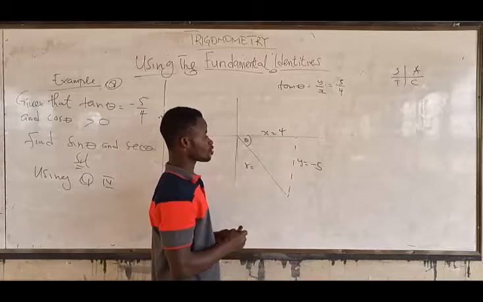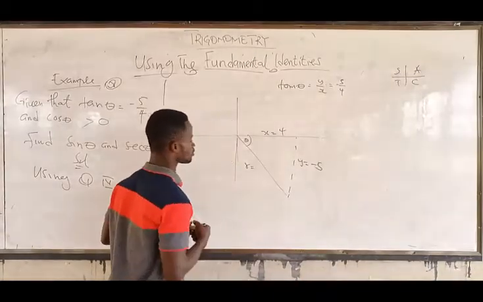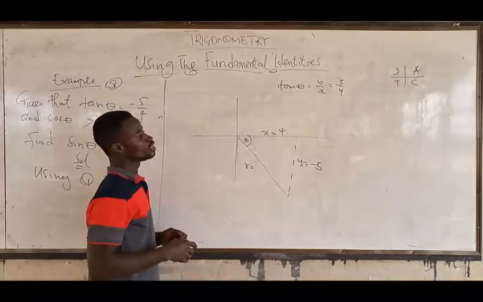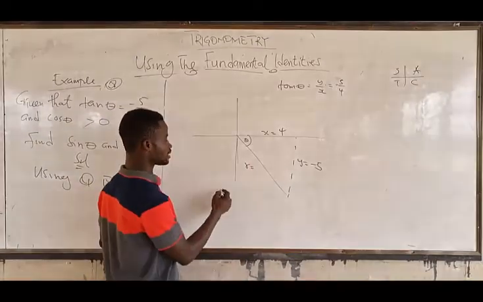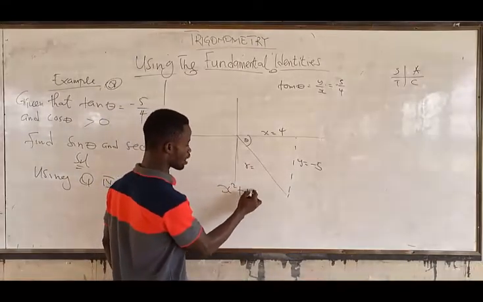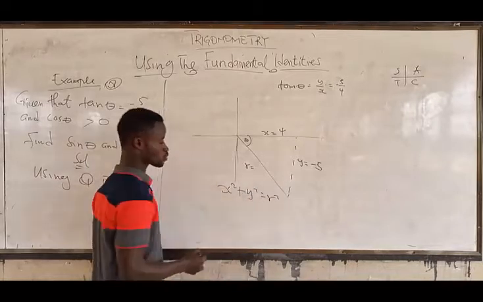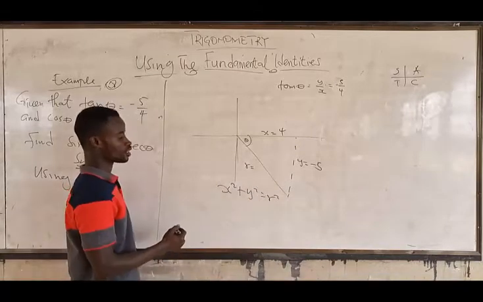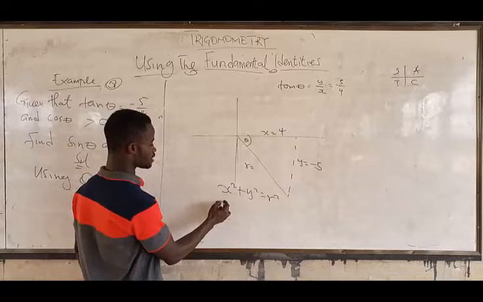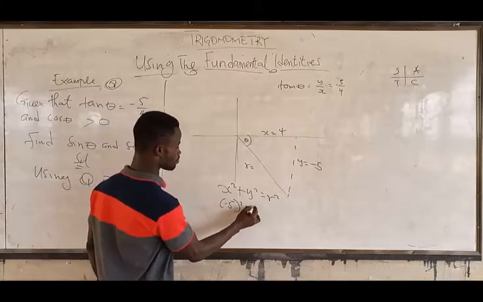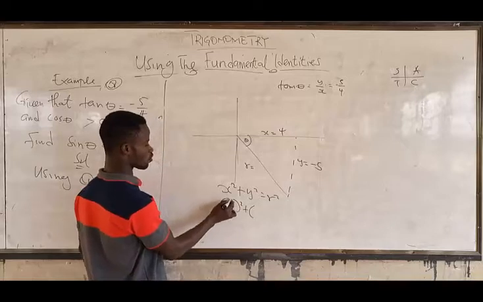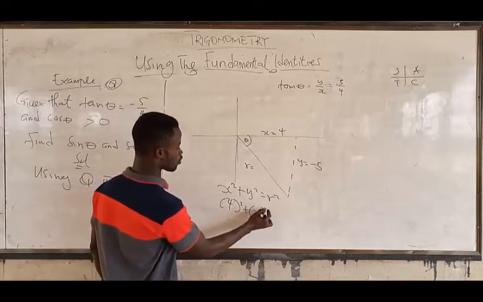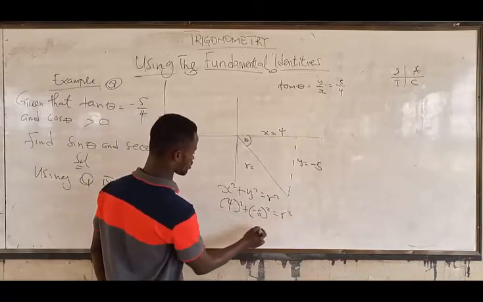For r, we can get r by using the identity that x squared plus y squared is equal to r squared. So there is no problem with it. The x is 4 squared plus y, negative 5, whole squared is equal to r squared.